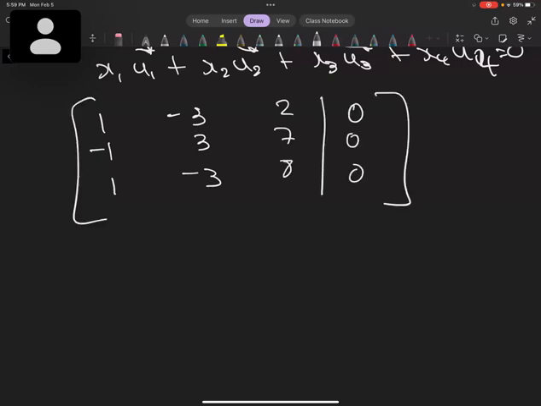So out of those 3 vectors, you're going to choose 2 that are linearly independent. But I think you can know which one is bad.